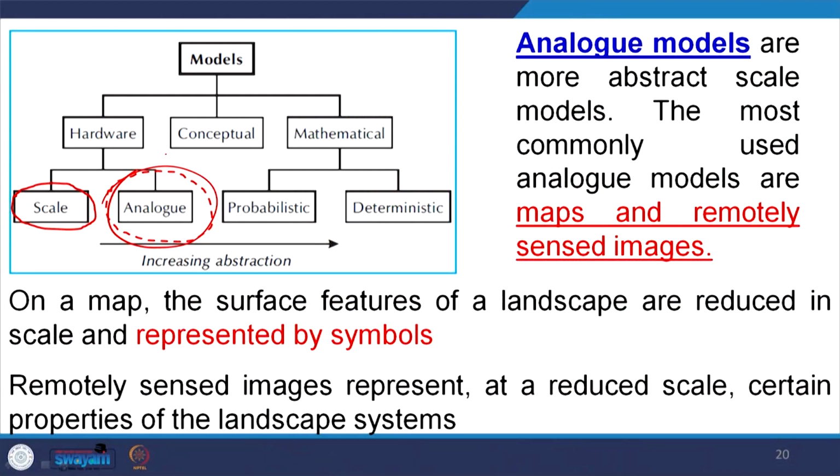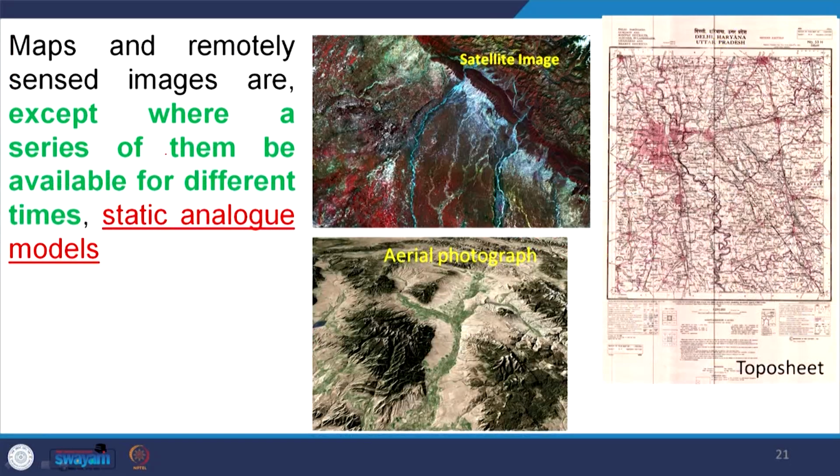On the map, the surface features of a landscape are reduced in scale and represented by symbols. Remotely sensed images represent, at reduced scale, certain properties of the landscape system, and similarly the topography also. If you see here, we have a satellite image, we have topography, we have aerial photographs.